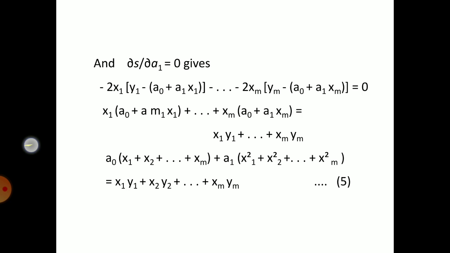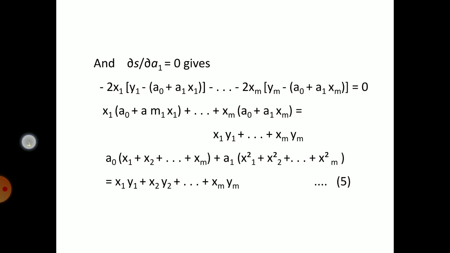The left hand side is obtained by differentiating equation 3 with respect to a1, and this comes to be minus 2 x1 into (y1 minus a0 plus a1 x1) and plus on, minus 2 xm (ym minus a0 plus a1 xm) is equal to 0.